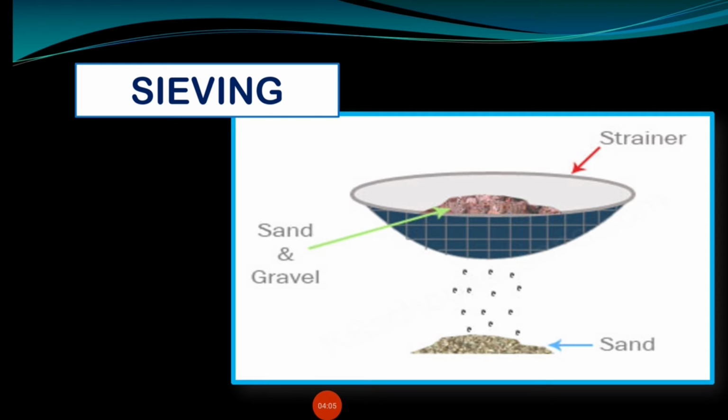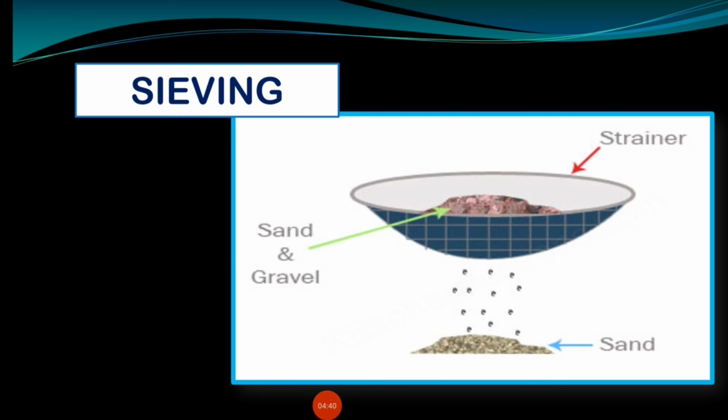The size of the holes is such that the particles of only one component of the mixture are able to pass through the sieve. We separate the components of a mixture of various sizes by sieving. The fine particles pass through the sieve and the bigger components remain on it.